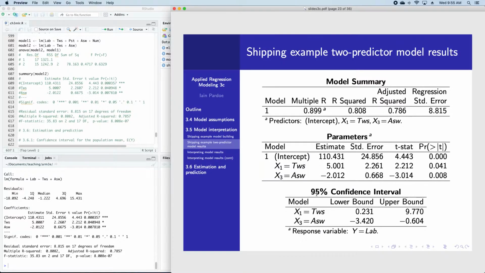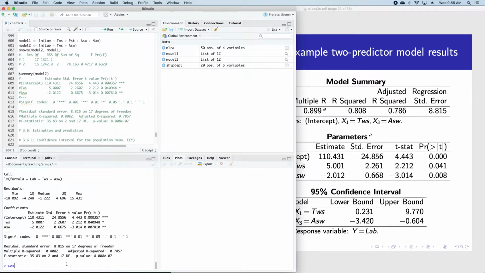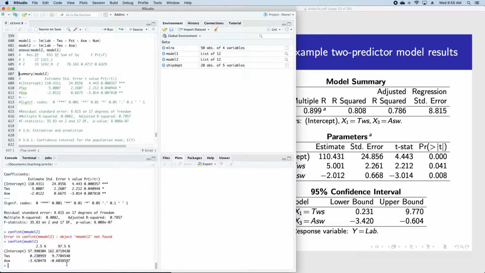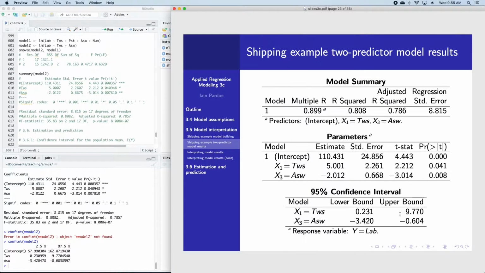The only thing that's missing here is the confidence intervals for the regression parameters. So I don't have that down here, but I can get that using the confint function. So if I do that for model 2, let's spell it correctly. There we go. Okay, so then I can get the same information that's in this table.